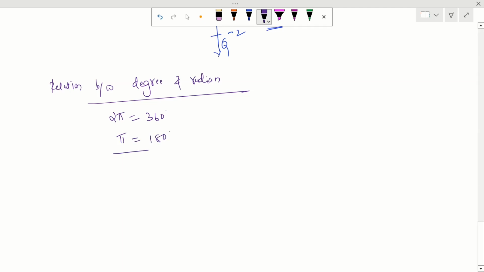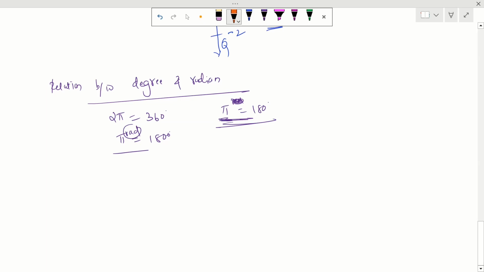If we do not write radian also, the meaning and the notation are the same. We have to read this as pi radian is equal to 180 degree.